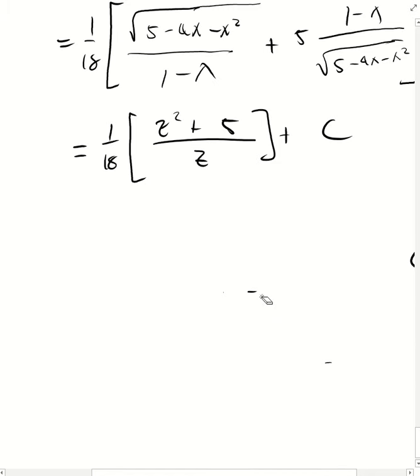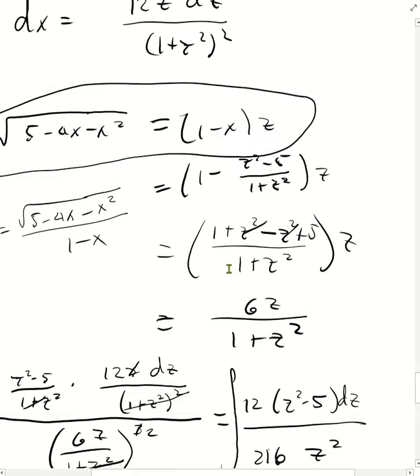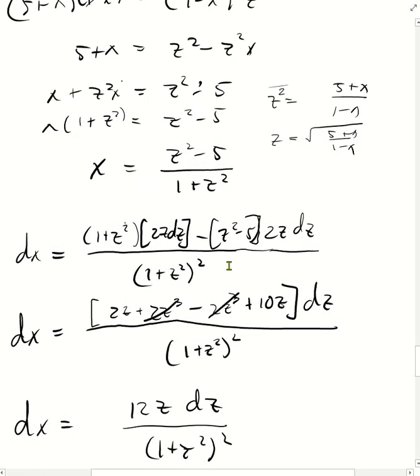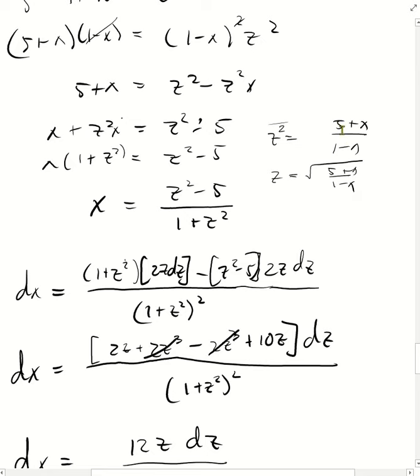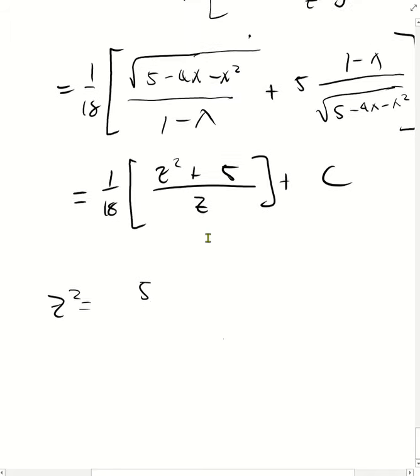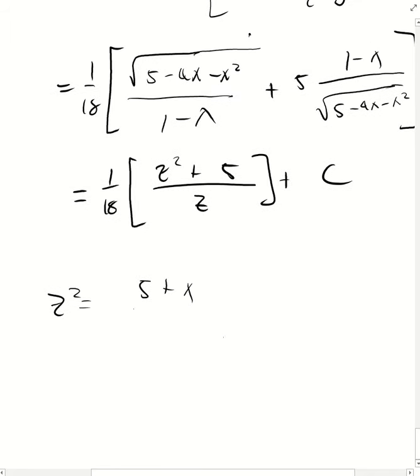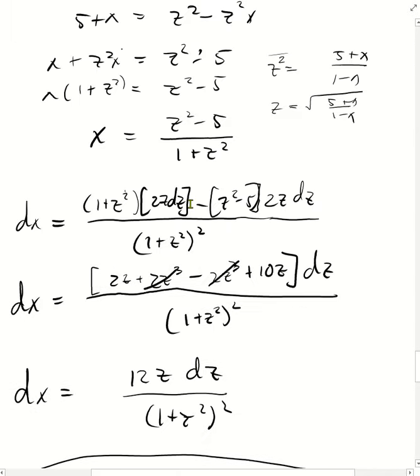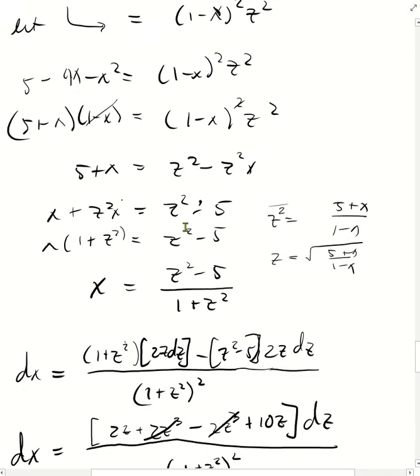If you go back to here, z squared is equal to 5 plus x over 1 minus x. We can use that one. Z squared is equal to 5 plus x over 1 minus x. It came from this one, from here.